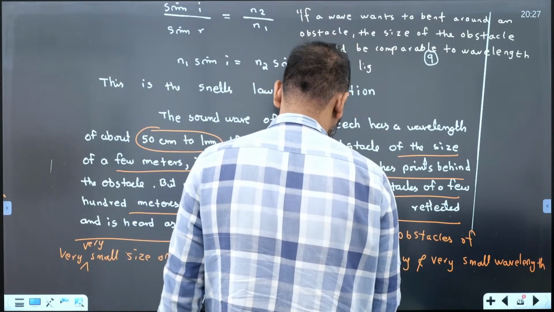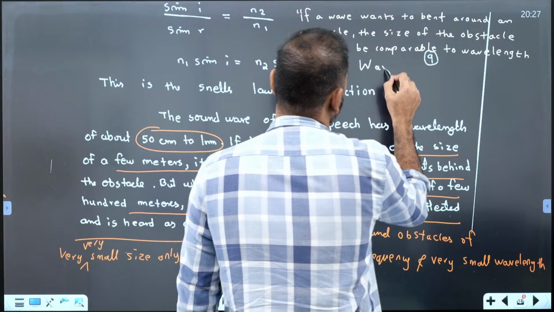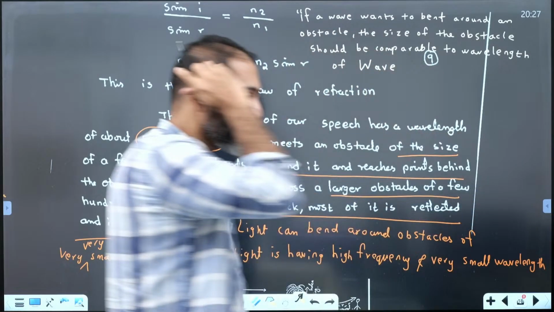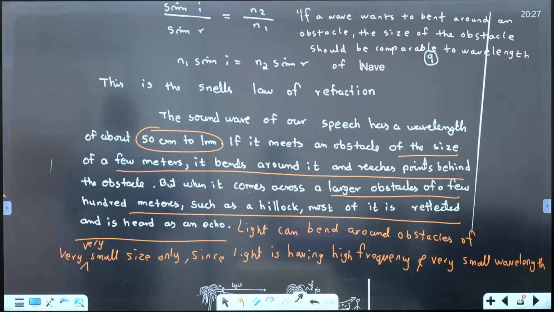I started with the wave, right? So if a wave wants to bend around an obstacle, the wavelength of the wave and the size of the obstacle should be comparable. It should be almost the same. Please note it down.